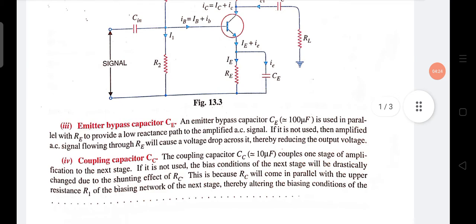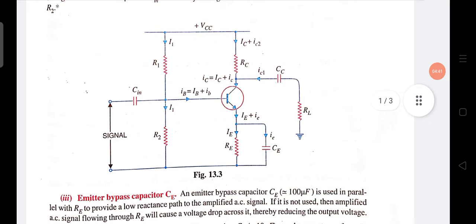Now the second one is the emitter bypass capacitor. We use RE, but why do we use the capacitor CE?